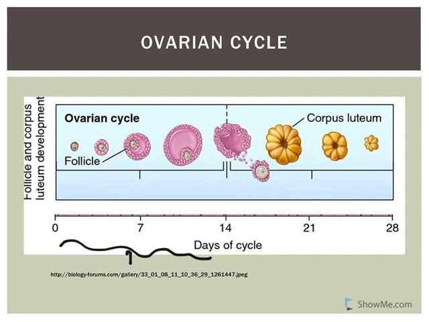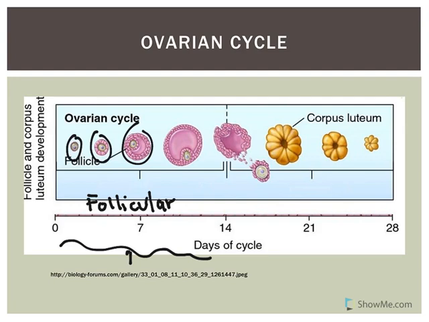Now the ovarian cycle is broken up into 2 phases. From day 0 to 14, they refer to as the follicular phase, because this is where we're going to develop the follicle. Now these structures are referred to as follicles. Inside the structure are the various oocytes that are developing.